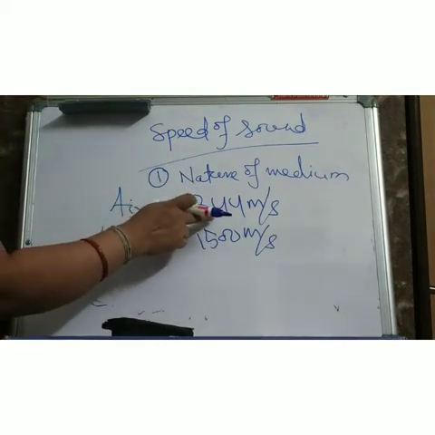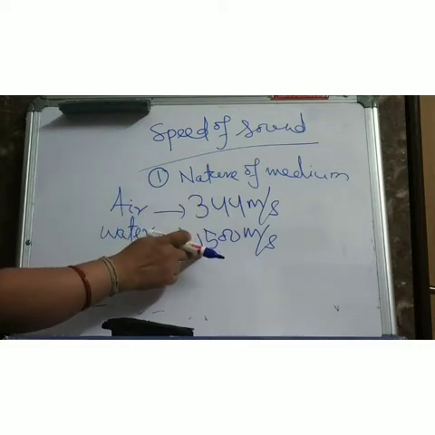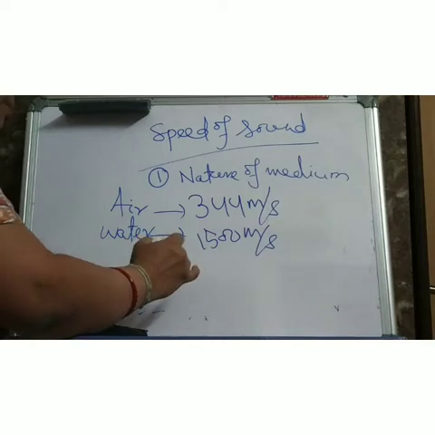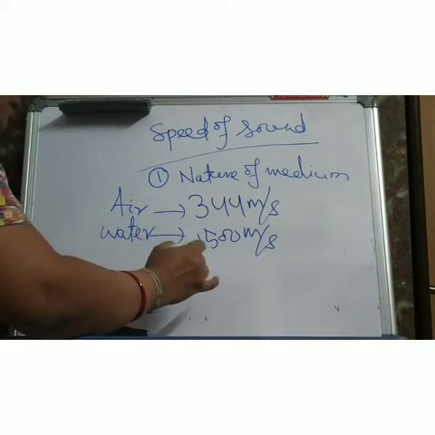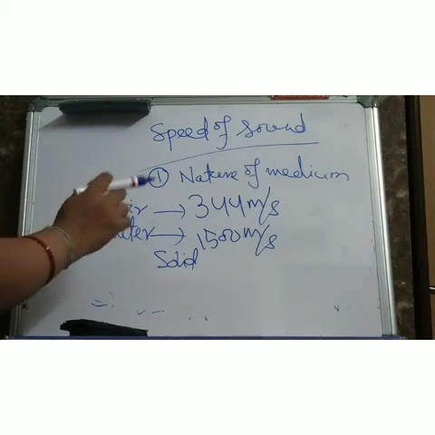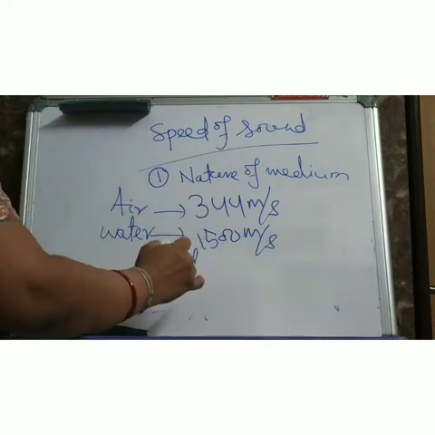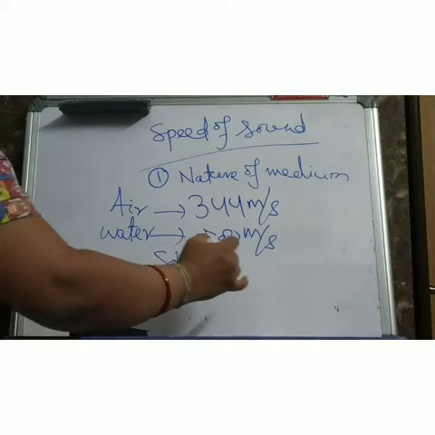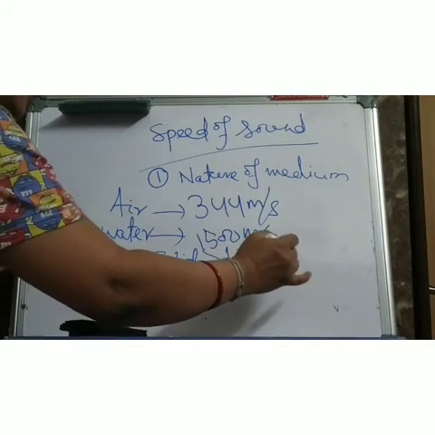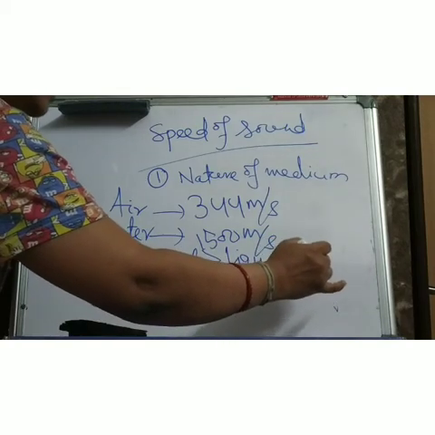See, in air the speed of the sound is less in comparison to water. That means speed of the sound is maximum in solids. If you take it in an iron rod or glass, it will be more. So speed of the sound is maximum in solid, then less in liquid comparatively, and least in gas.